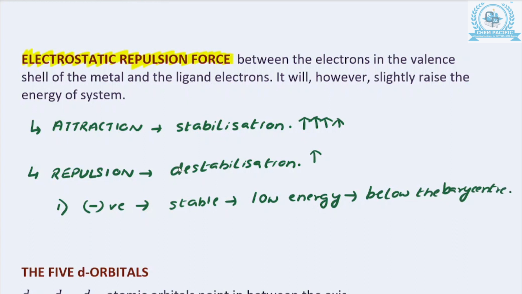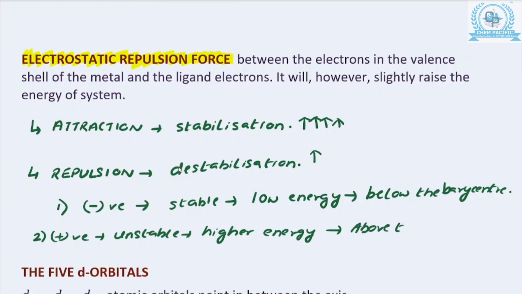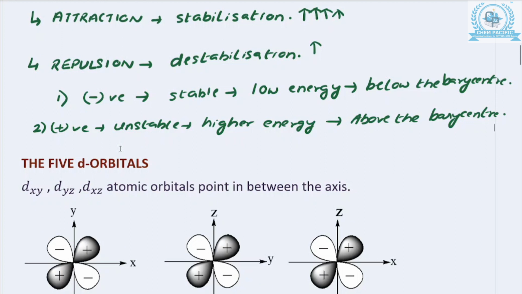And the positive sign is due to being unstable, the one which is of higher energy, and it lies above the barycenter. Clear? So this information is very important for you. I hope all these things are very clear to you.